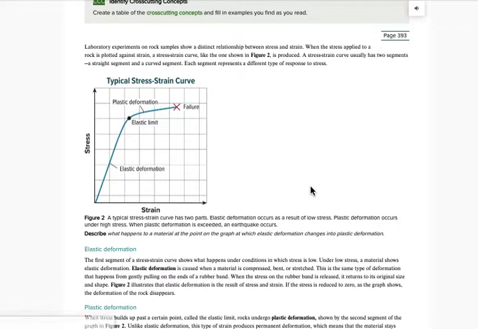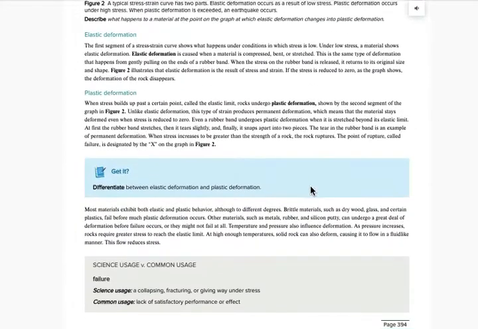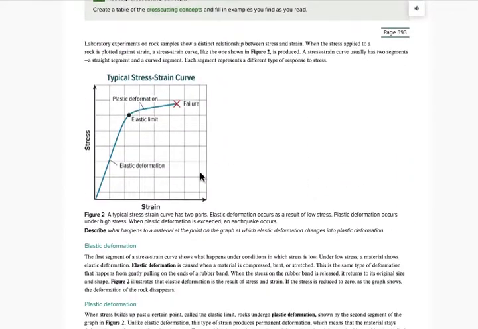So there's two ways that rocks can get altered. There is elastic deformation, and then there's plastic deformation. So this isn't the best picture to show you here, but we'll stay here.